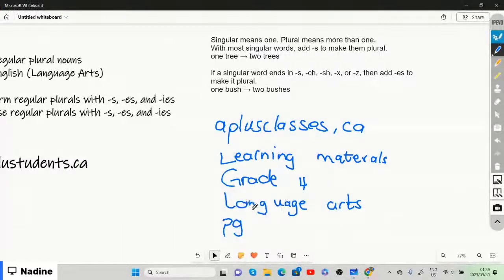Once we are in the grammar workbook, we're going to scroll down until we get to page 39. So we are on A plus classes.ca. We go under learning materials. We have our grade 4 language arts page 39.